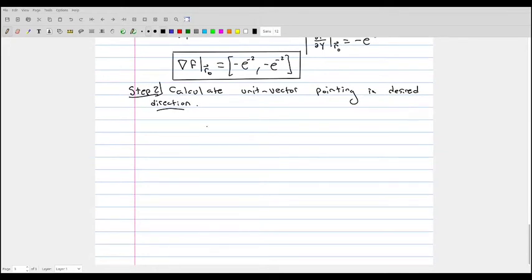Remember that the unit vector is calculated for any vector in the following manner. If I want the unit vector u hat that points in the direction of v, I have to take the vector v and divide it by its length, the magnitude of this vector v.